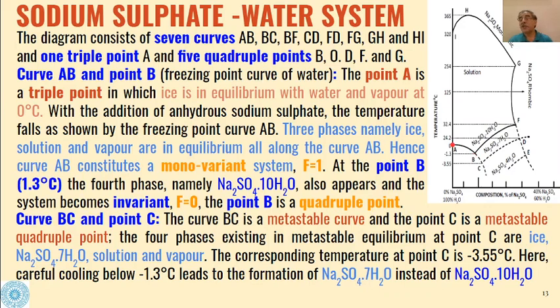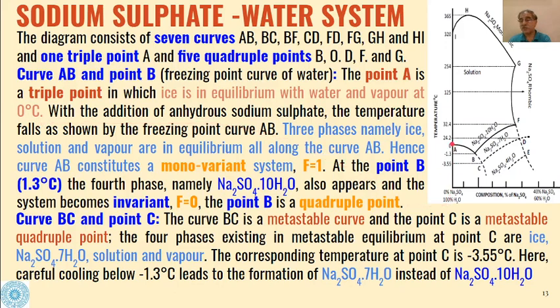At point A, the temperature is 0 degree centigrade, and the composition is 100% water and 0% sodium sulfate. So that means at 0% the phase will be ice in equilibrium with water. A is a triple point in which ice is in equilibrium with water and its vapor at 0 degree centigrade.